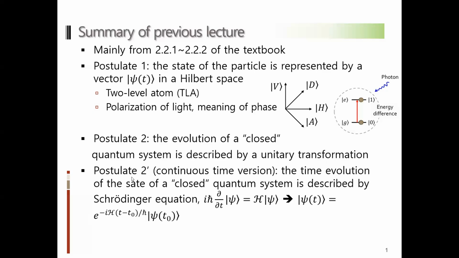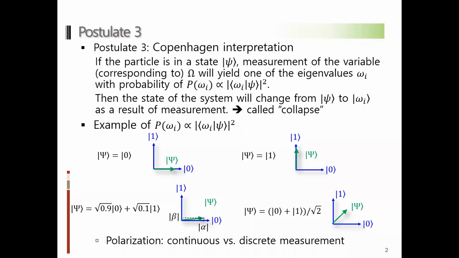So today we are going to continue, and we will introduce the third postulate. I know that the first two postulates were already embarrassing, but probably based on some analogy to the classical mechanics case, you could make some kind of intuitive understanding.